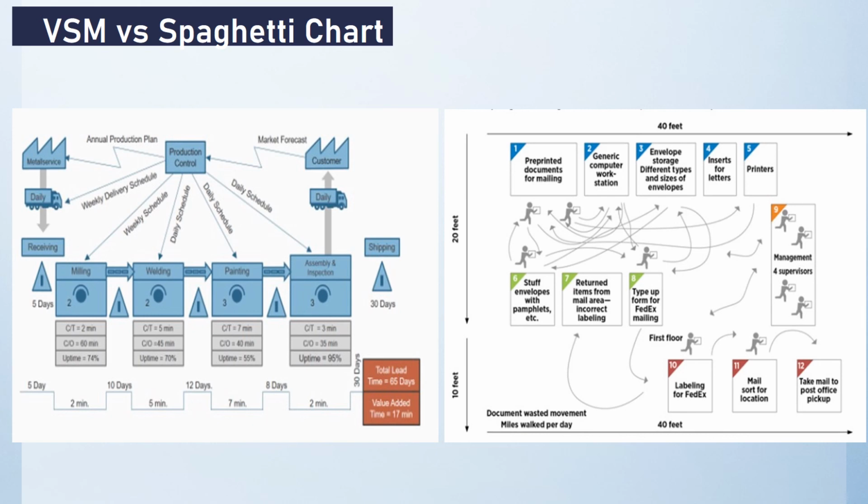But in the spaghetti chart, only the schematic view, only the diagrammatic view is given. So there is no timing and other information given. So these are the differences between these two charts. In some areas only a schematic, only a diagrammatic view is required. So you can use the second one.